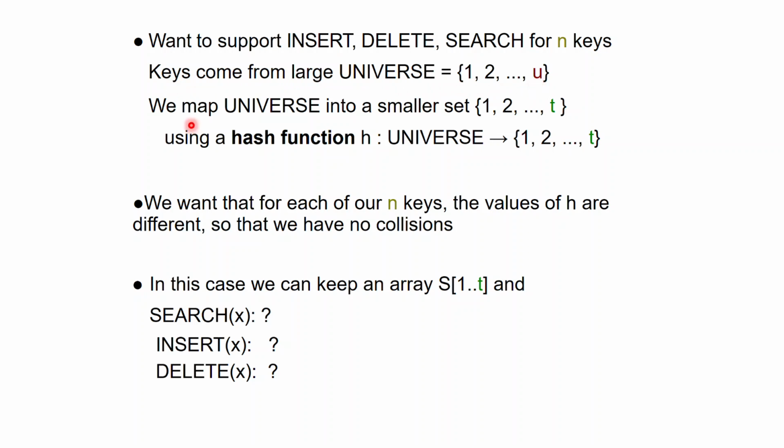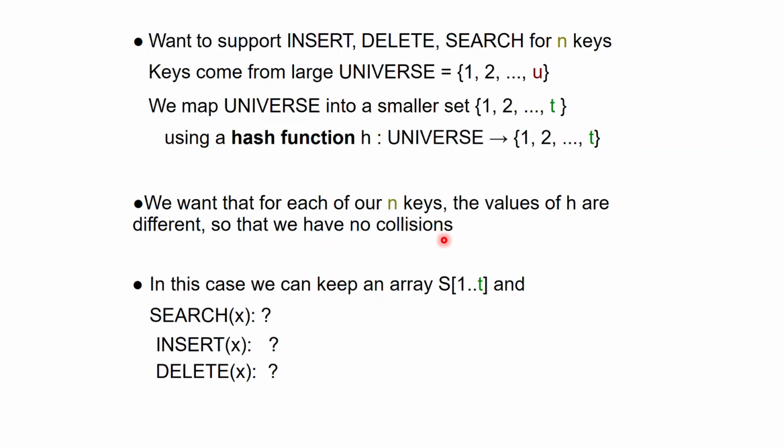The entire universe is being mapped by the hash function into a smaller set from 1 to t. So the hash function is mapping the universe to the elements from 1 to t. And the key property, again, that we want is that for each of our n keys, the values of h are different, so we have no collisions.